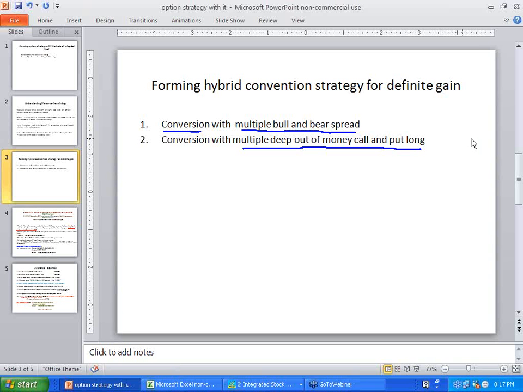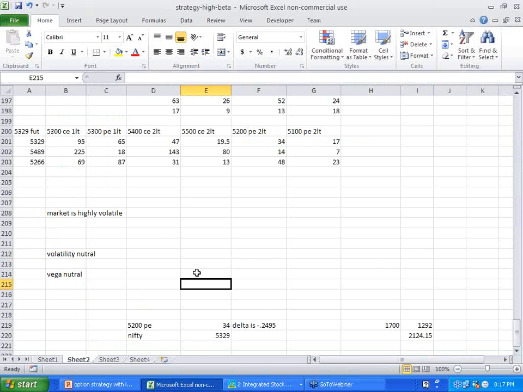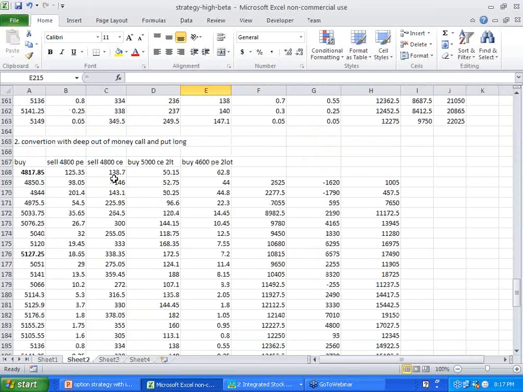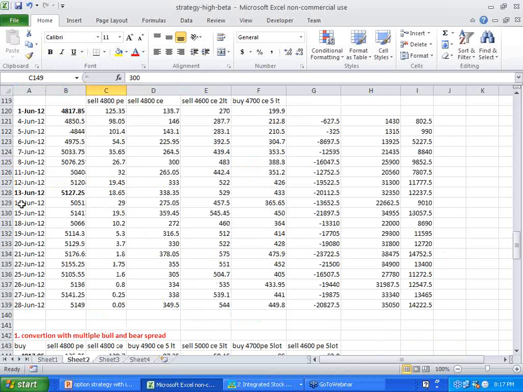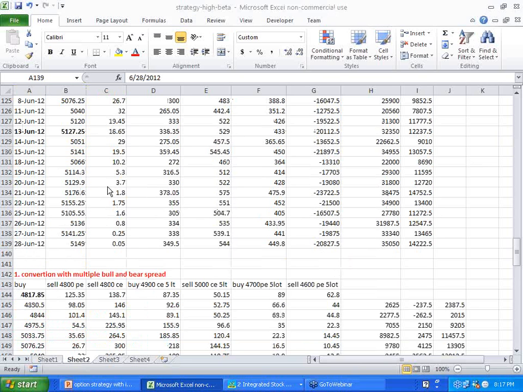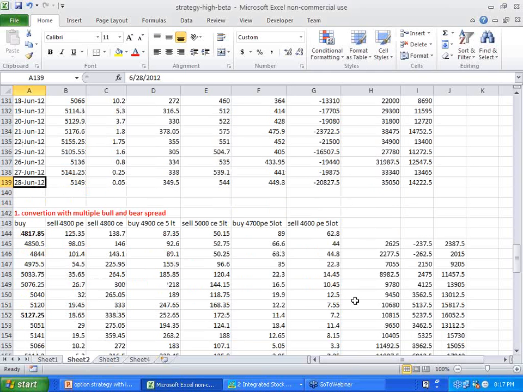Here I am going to backtest this strategy for you. I have taken the first case, conversion with multiple bull and bear spreads. We are going to backtest this strategy for the entire month of June, 1st June to 28th June, and then we will decide whether to take this strategy or not.